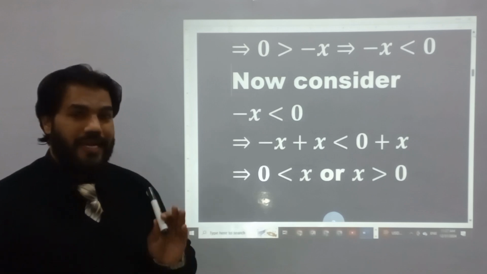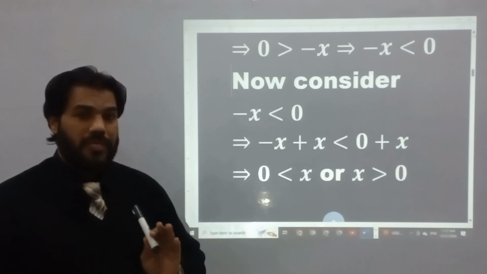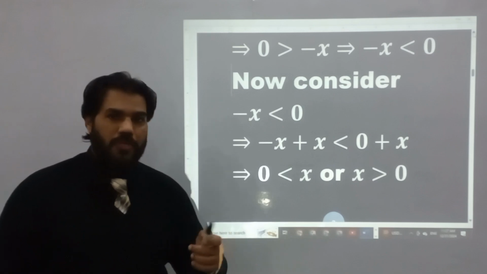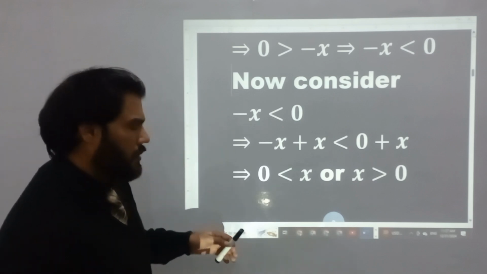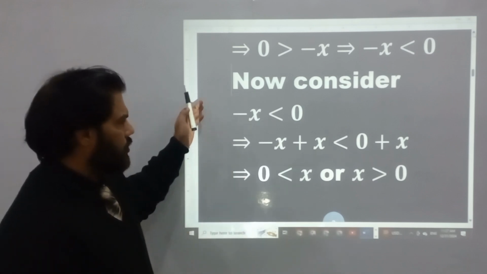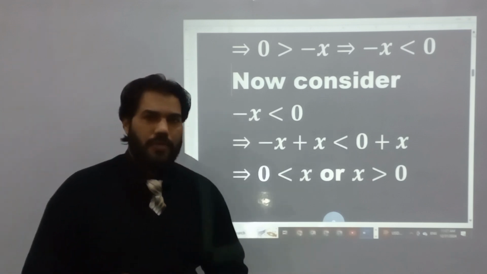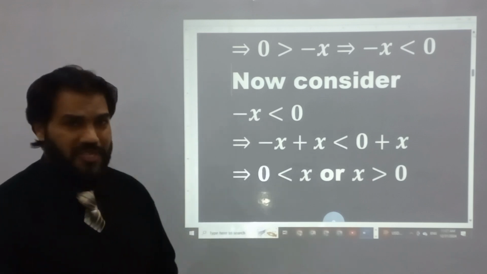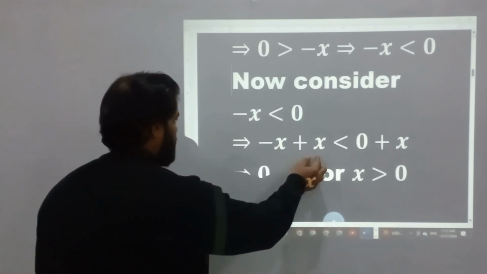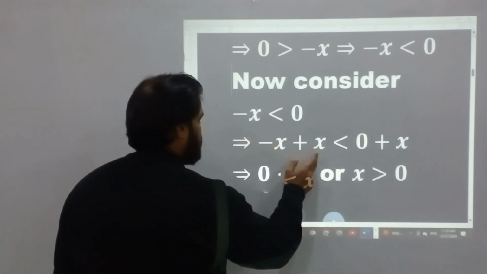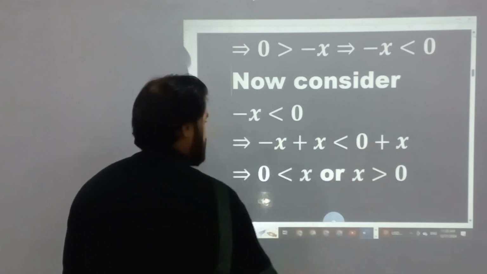Now we show that when minus x is less than 0, then x is greater than 0. Now consider minus x is less than 0, again by adding the additive inverse of minus x. What is the additive inverse of minus x? This is plus x. By adding plus x on both sides, this will become minus x plus x less than 0 plus x.